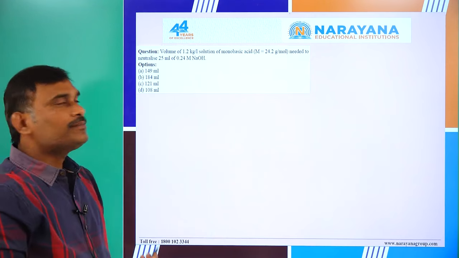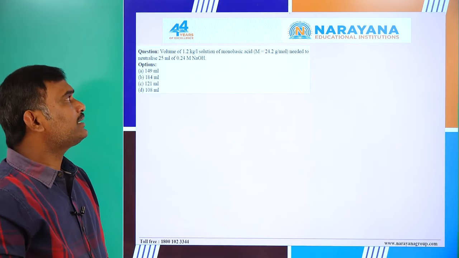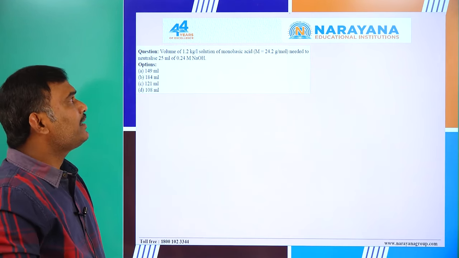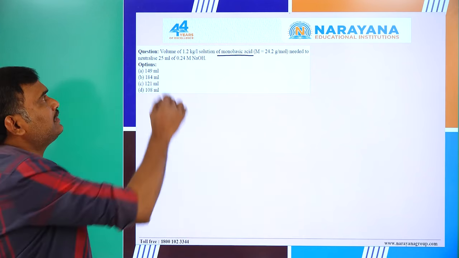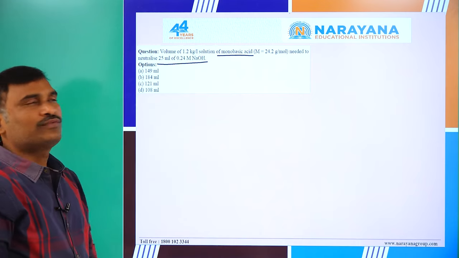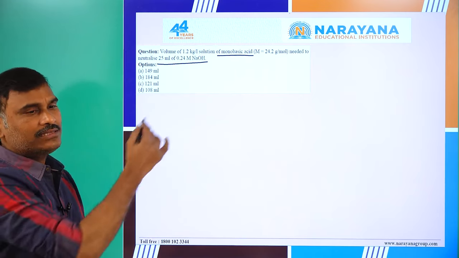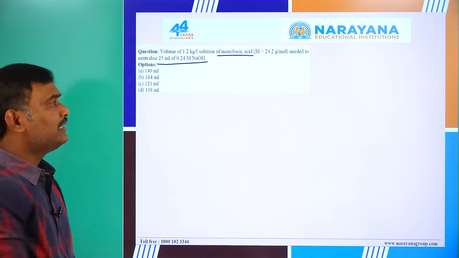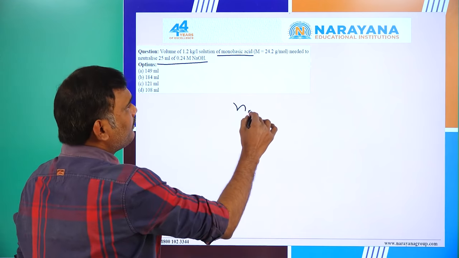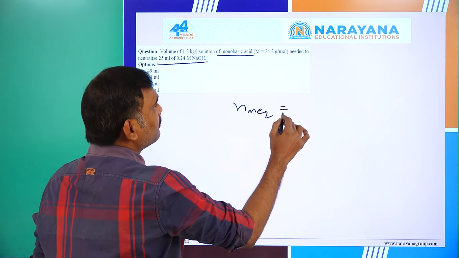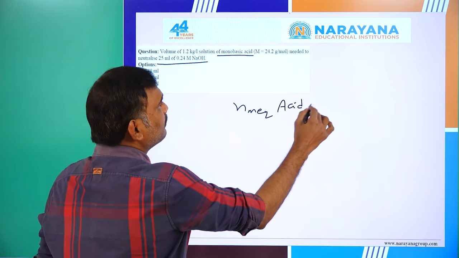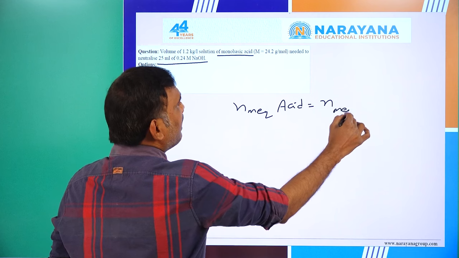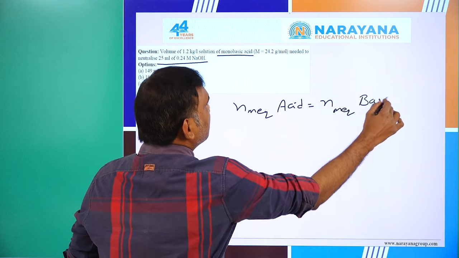Volume of 1.2 kg per liter solution of monobasic acid needed to neutralize 25 ml of 0.24 M NaOH. When such a type of question is given, simply you can write number of milliequivalents of acid is equal to number of milliequivalents of base utilized.